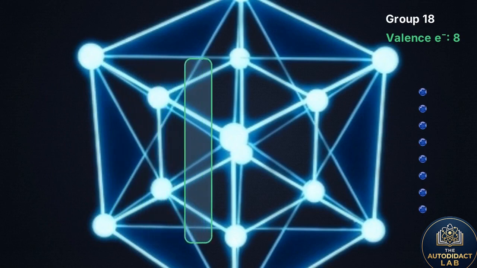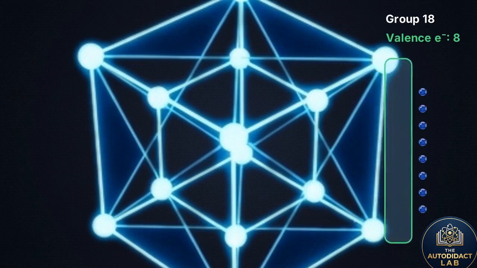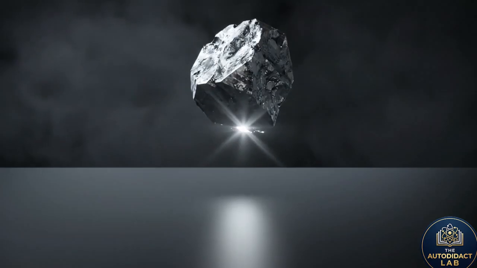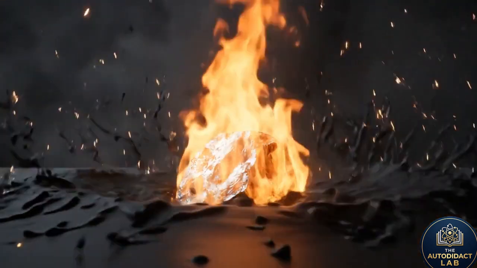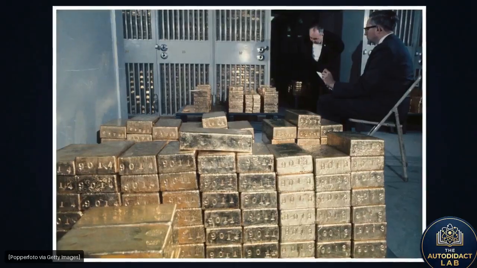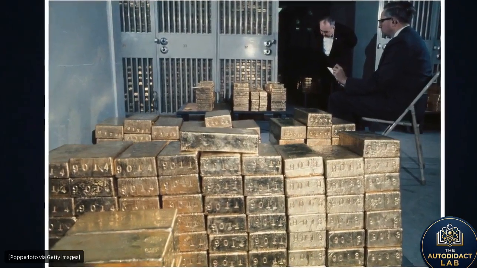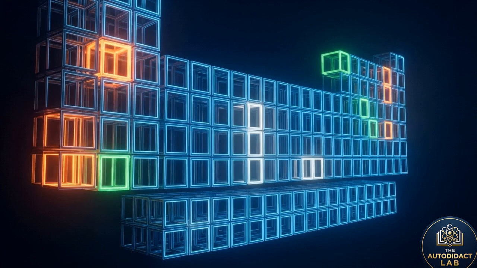By looking at an element's position on this grid, we can tell exactly how many outer electrons it possesses. That count is the sole predictor of a substance's reactivity. It is the reason why one metal will explode the moment it touches water, while another solid metal remains perfectly inert for centuries. An element's personality is the predictable result of its place on the grid.